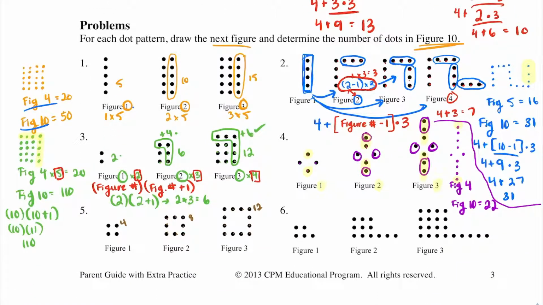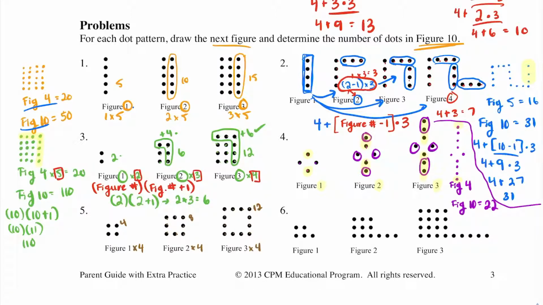So you might have noticed that for the total number of dots, it seems like I'm just multiplying my figure number by 4 every single time. So that's going to help me with my figure 10.